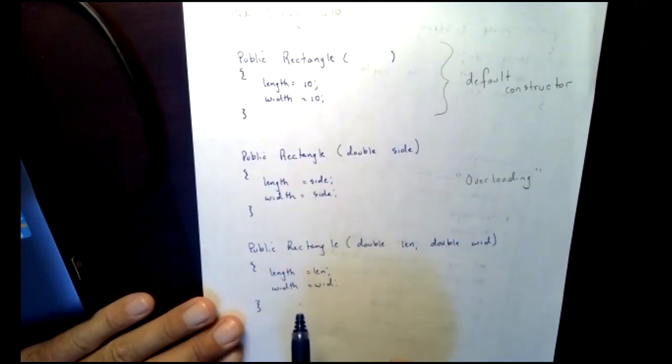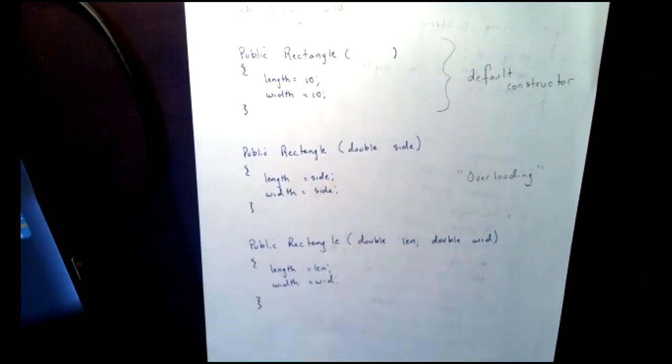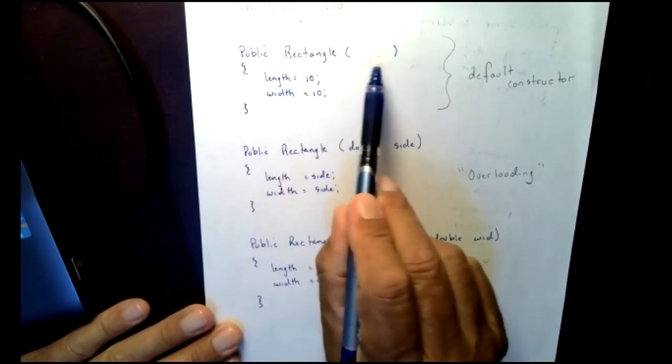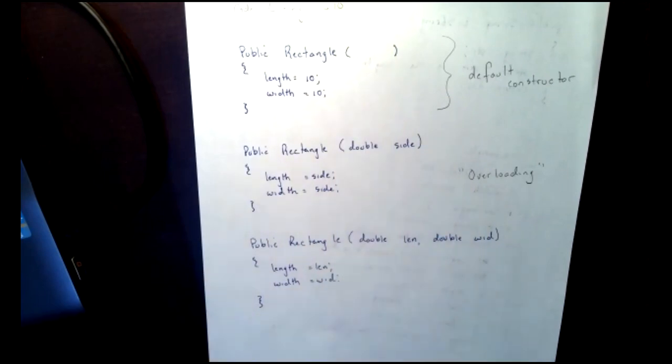Next thing, before my methods, I'm going to write constructors. And here's the first one: public Rectangle, empty parentheses. With the empty parentheses, there are no arguments being passed into a parameter list because I don't have a parameter list.